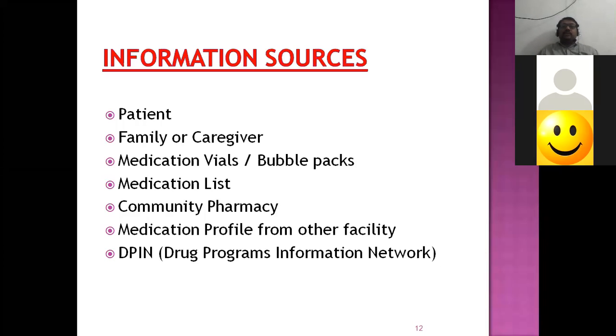Medications, which type of medications, in the form of vials or bubble packs, medication list. Whatever information you have to collect, you collect it from patients, from patients' family members, or from the medication vials containing the necessary information.